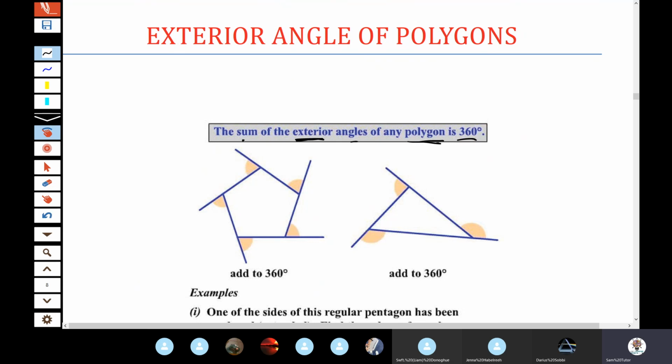It doesn't matter if it was a triangle, these 3 will be 360. If it was a pentagon, 1, 2, 3, 4, 5, they will also add up to 360. It doesn't matter how many sides we have, the outsides will always add to 360 degrees. So the sum of the exterior angles of any polygon is 360.